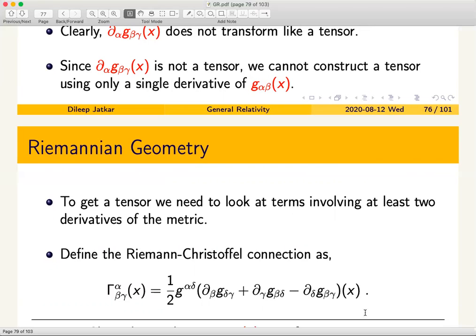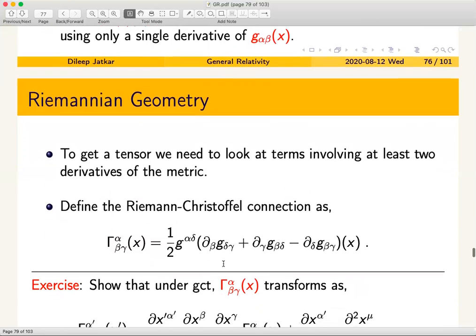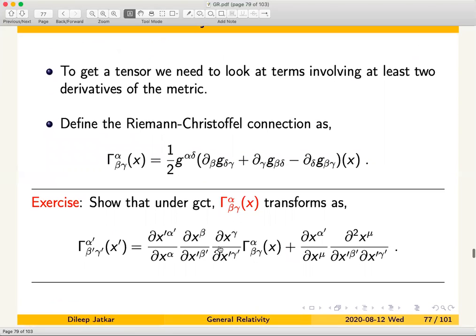This is the way you write down gamma alpha beta gamma, and it was an exercise for you last time to check that under coordinate transformation g alpha beta transforms like a second rank covariant tensor with downstairs indices, and g upstairs is of course a second rank contravariant tensor.